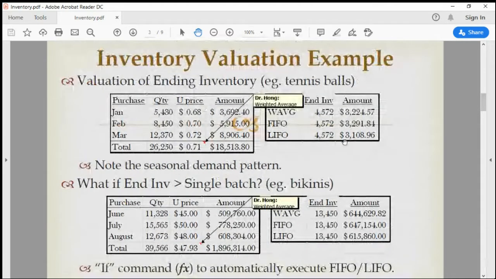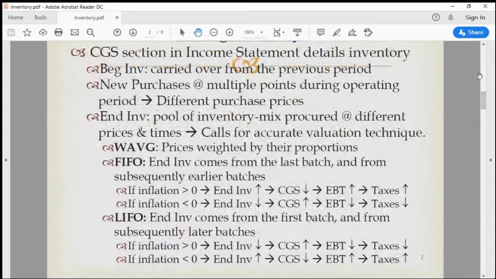So which did that? Smaller ending inventory is LIFO. LIFO gave you a smaller ending inventory. So FIFO gives you a tax advantage during the period where you experience inflation. FIFO is your preferred method.